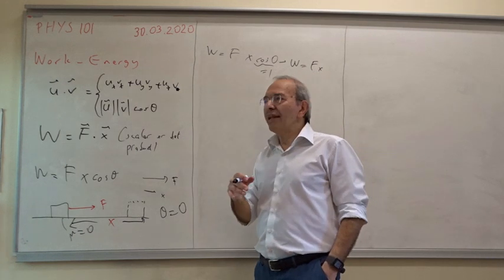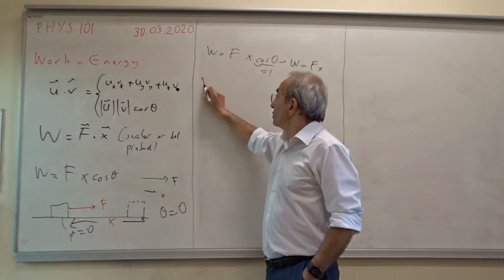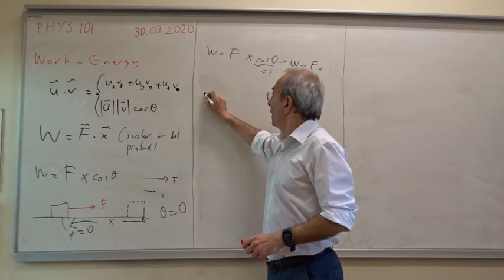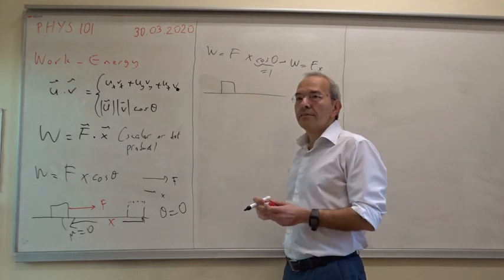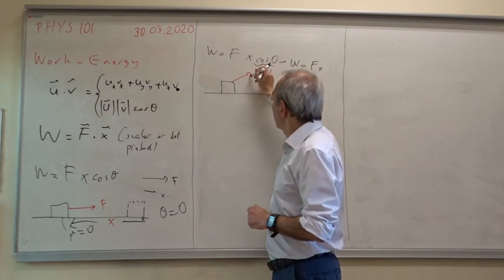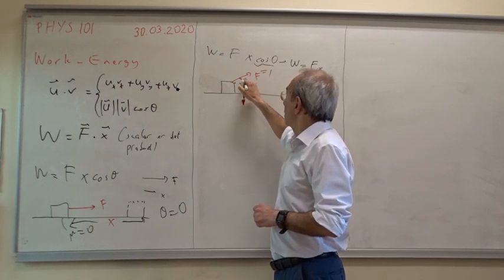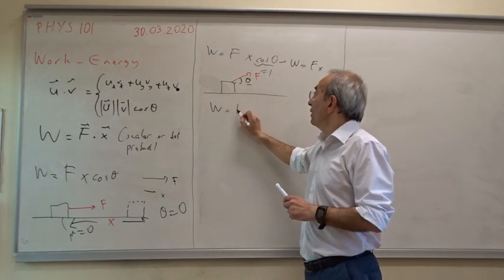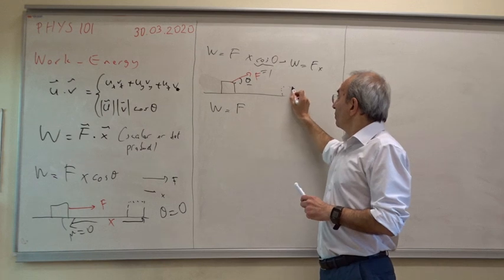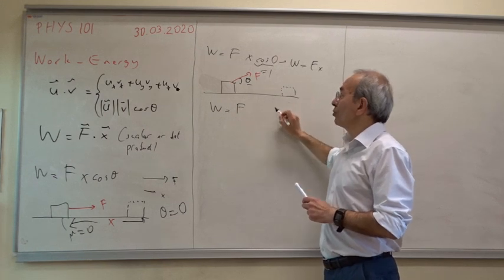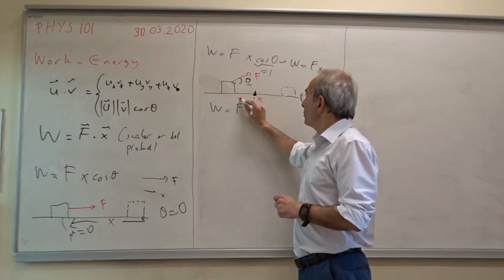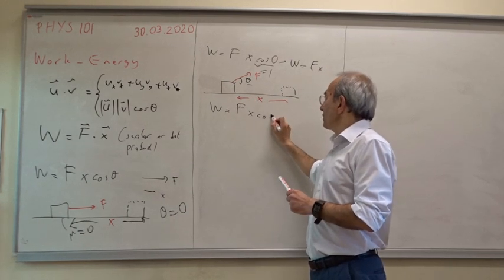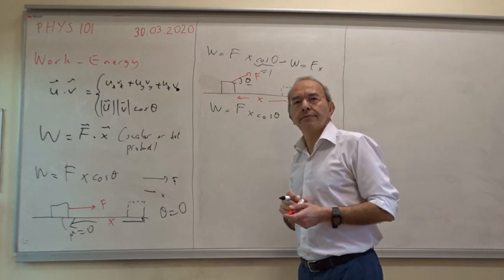However, if we have an angle between these two vectors, for instance, if the force we apply makes an angle theta, then W will be, and of course we bring the object to the final position of distance x from the first, F times x times cosine theta.